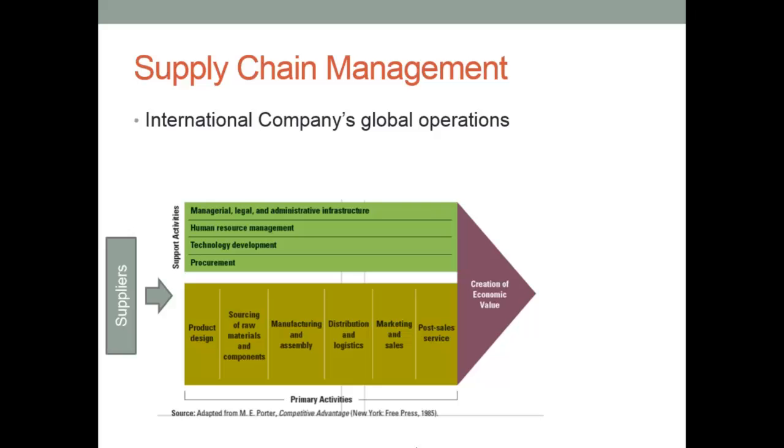The activities involved in transforming the product from raw materials stage up to when it reaches the consumer. That's the supply chain, and this involves suppliers, distributors, all the way up to customers. Therefore, we have to include the activities performed by these other partners in the supply chain, suppliers and distributors.